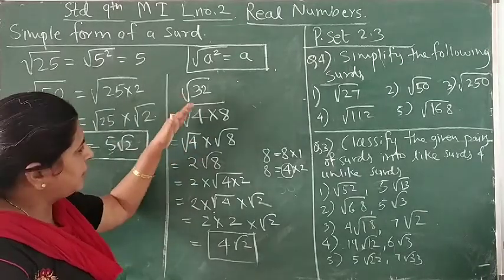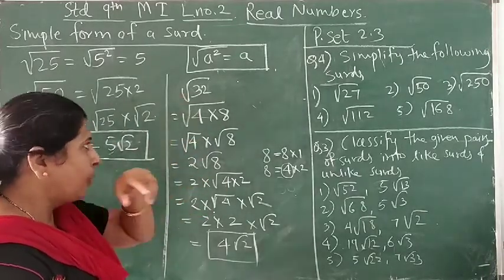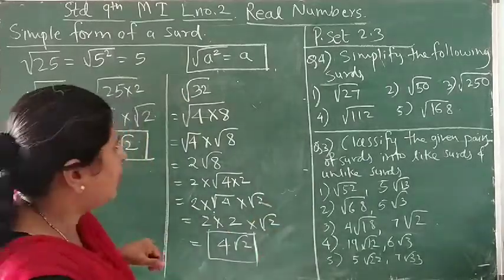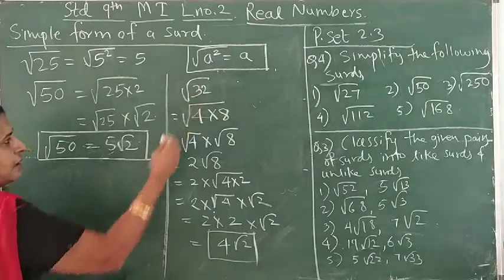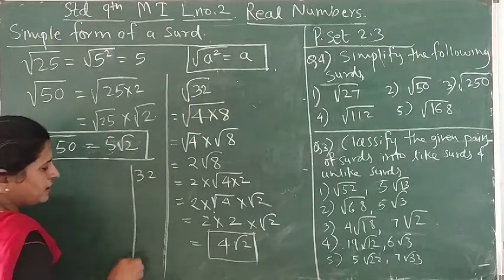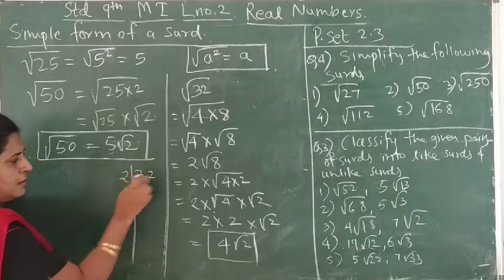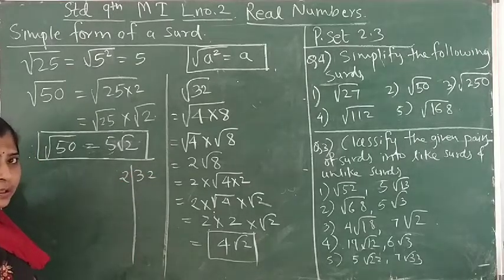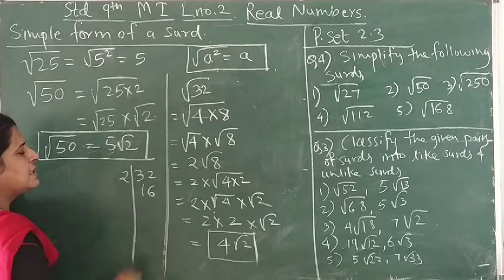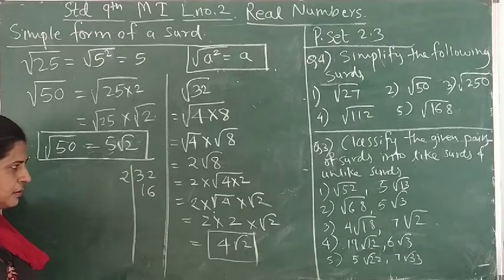But does it require that you have to do it like this? No. How can you do this? If you know the exact factors, you can divide 32 by 2, because 2 is in the units place. 2 1s are 2 and 2 6s are 12. You get 16 for 32.